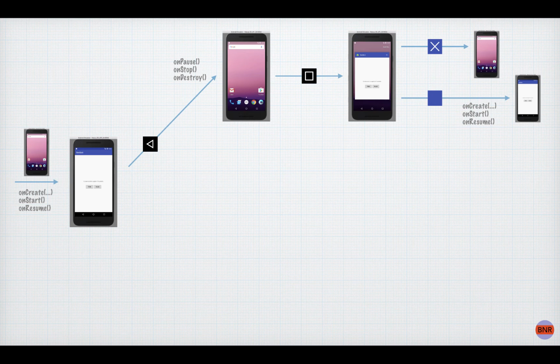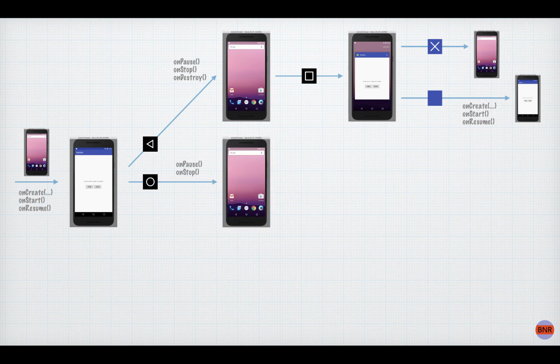That is because the GeoQuiz application is already destroyed. Another thing that can happen is that we touch the image of the quiz and the application starts up. Since the application is currently destroyed, it must be created, started, and resumed before it becomes the foreground application.